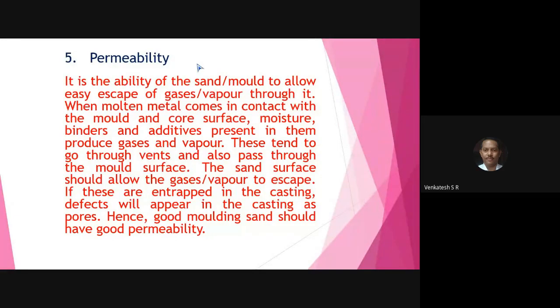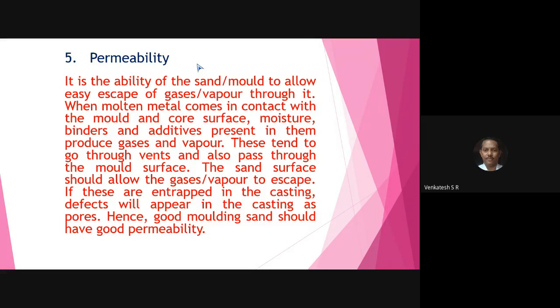Due to that, there may be a loss in the foundry. For that reason, permeability is the property of the sand which allows the gases, vapor, and air to escape from the mold cavity.